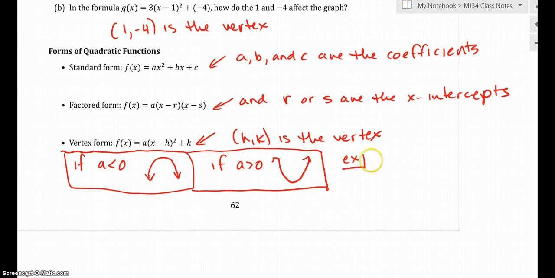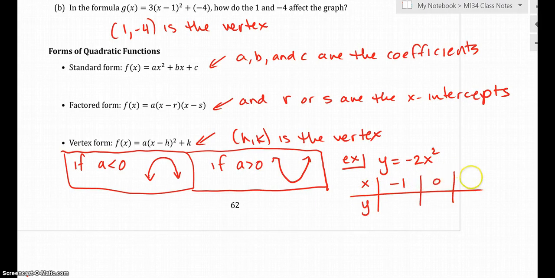Let's look at an example of that. Let's look at y equals negative 2x squared. So the a is always the coefficient in front of the x squared. Well, if I go ahead and graph some points to that, I'm going to just graph these 3. If I plug in 0, I'll start with 0 because it's easiest. We know it's 0 because negative 2 times 0 is just 0. If we plug in a 1, it's negative 2.